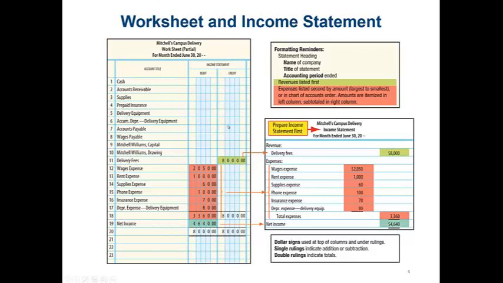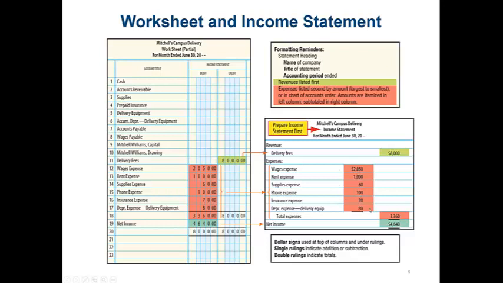In the income statement column, we have our revenues, expenses, and net income, which is exactly what we need to complete the income statement. We just bring the revenues over under the revenue heading, and then we name the revenue delivery fees, and the next heading is expenses, and then we simply list all the expenses that are listed on the worksheet, and these are listed in the order they appear on the general ledger.